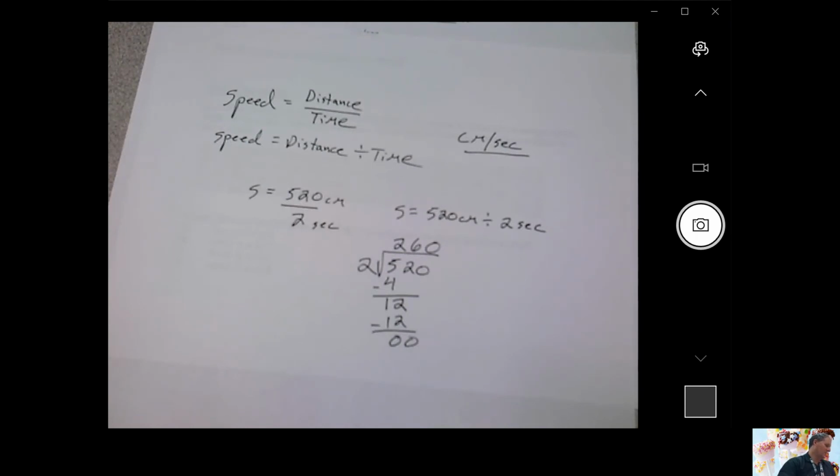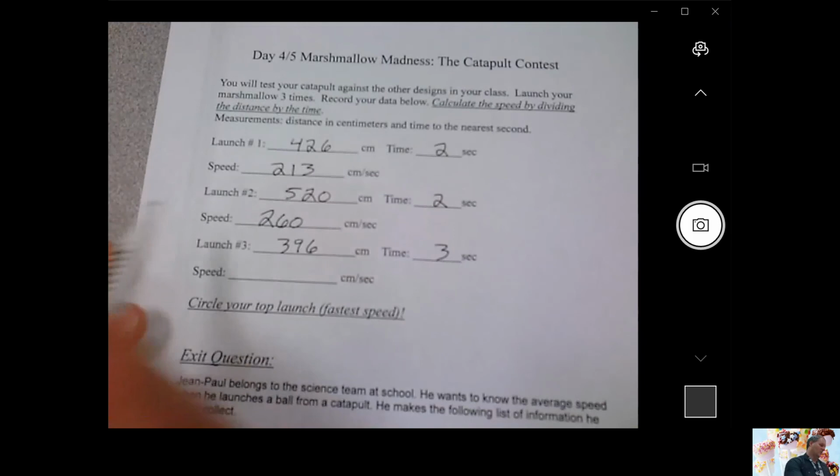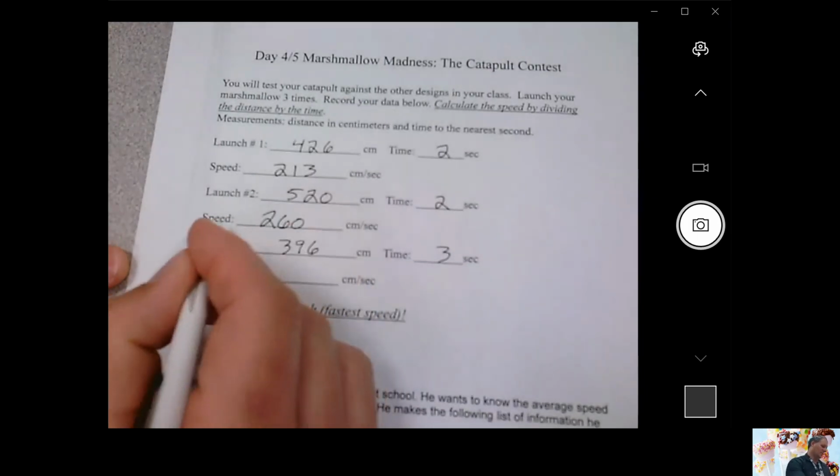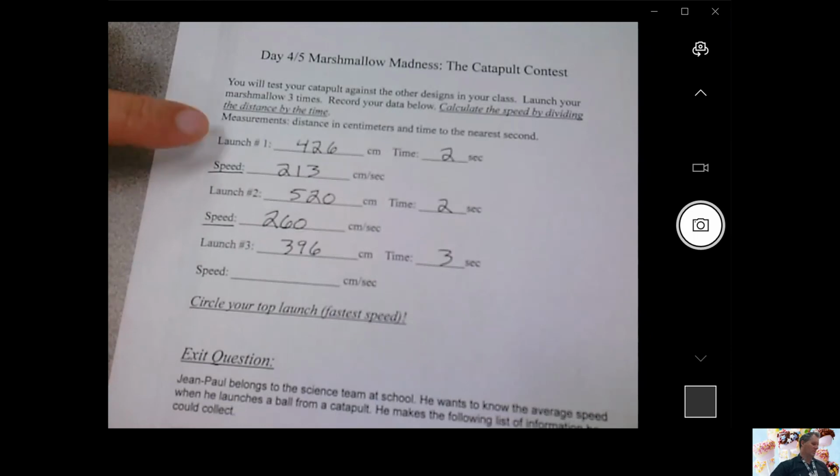260 centimeters per second. So is that faster than launch 1? Launch 1 was only 213 centimeters a second. Launch 2 was 260 centimeters a second. So obviously already we know that launch 2 definitely looks like it's a little bit faster than launch 1, 260 versus 213.